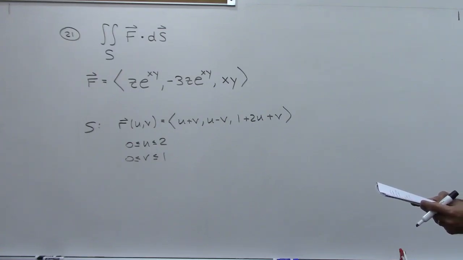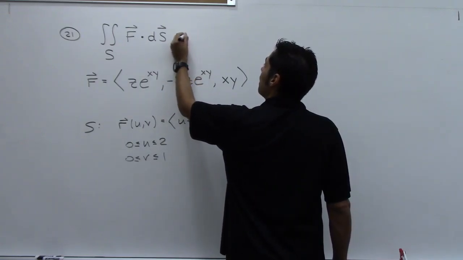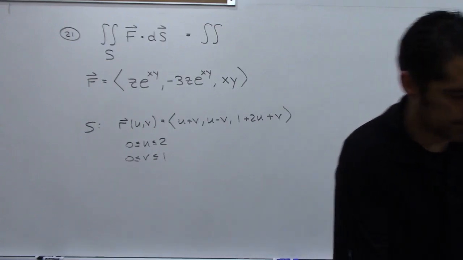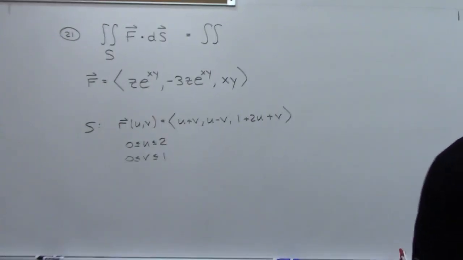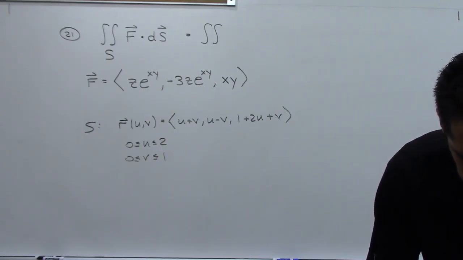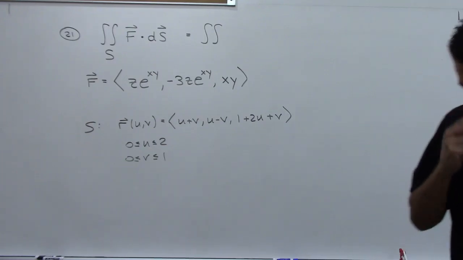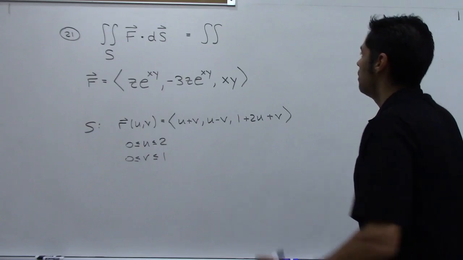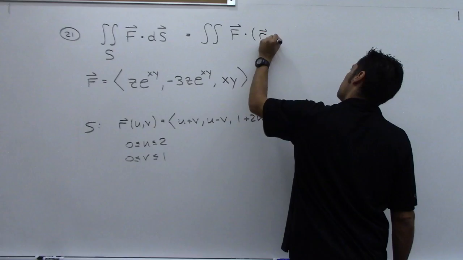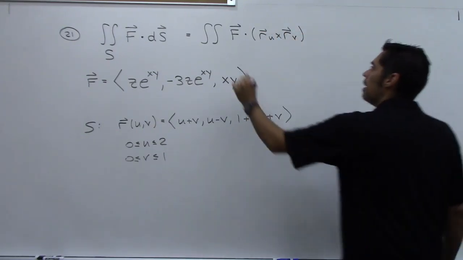So I'm going to be using the formula that this is equal to the double integral, and let me see in the notes I'm referring to, formula 1377, F dotted with R_u cross R_v, the partial of R with respect to v, dA.